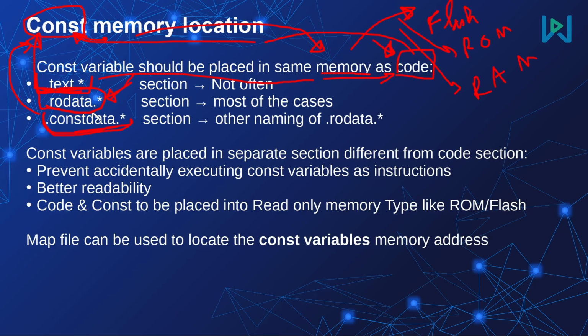However, in most of the cases, this read-only data section is the one to be used to label and mark those const variables. And hence, you can even place your const variables in different memory using basically this section prefix.